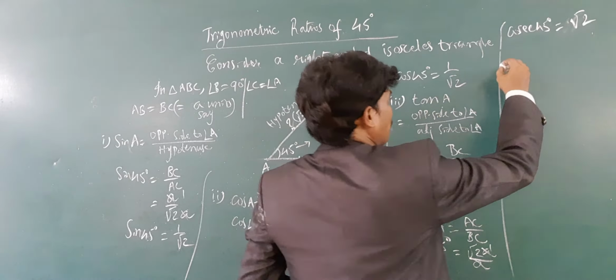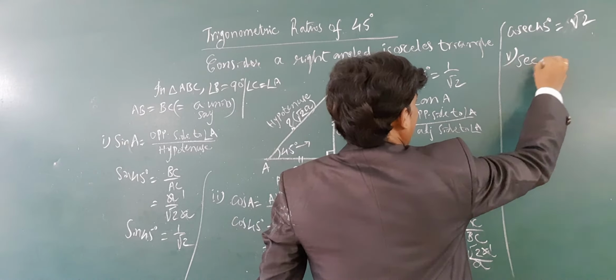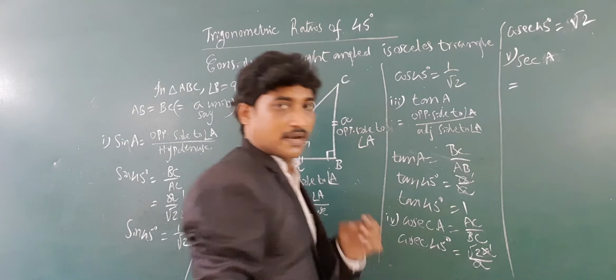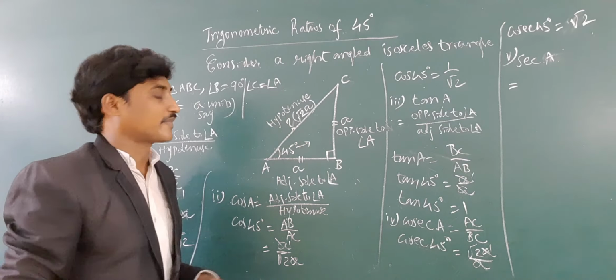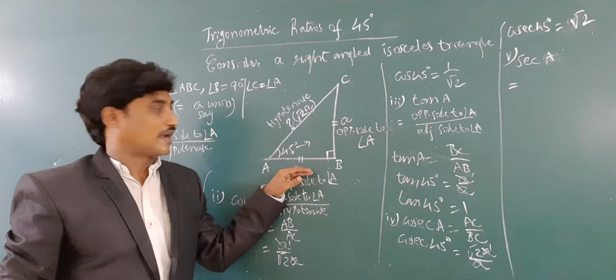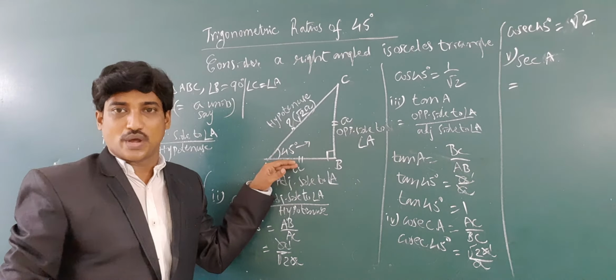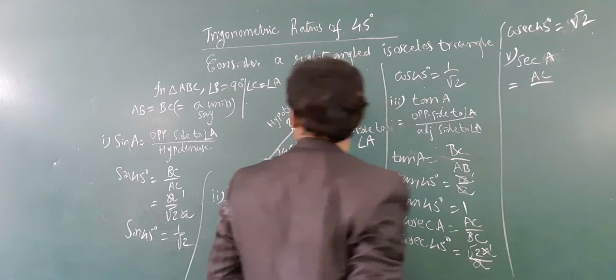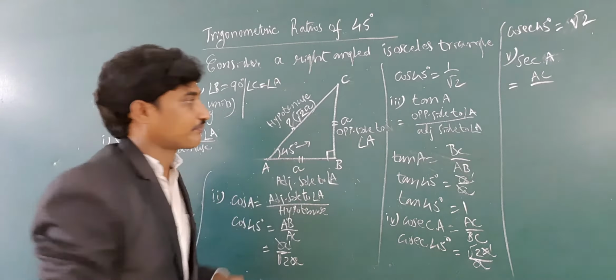Next, the fifth one, secant 45 degrees. Secant A is nothing but the hypotenuse by the adjacent side to angle A. The hypotenuse is AC and the adjacent side is AB.